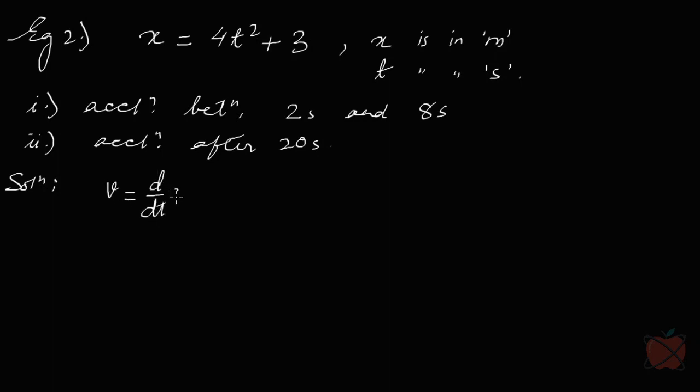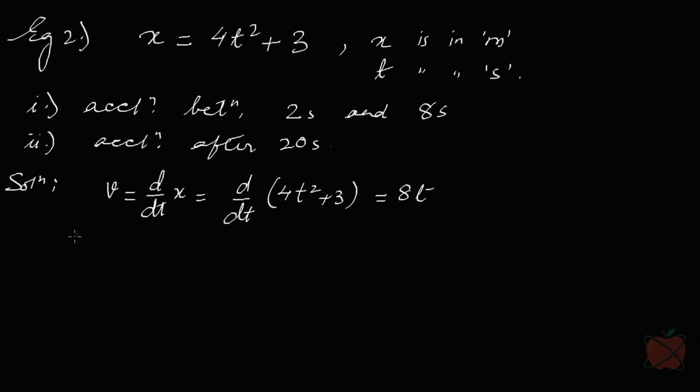d/dt. Differentiation of 3 will be 0. All right, so here you get this much.